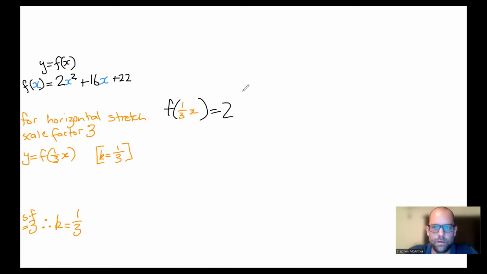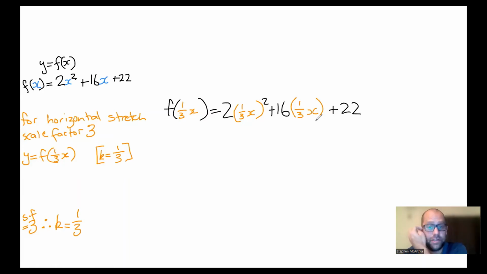So 1/3 x squared plus 16 times 1/3 of x. Oh, I've changed my color too soon. There it is. Plus 22.